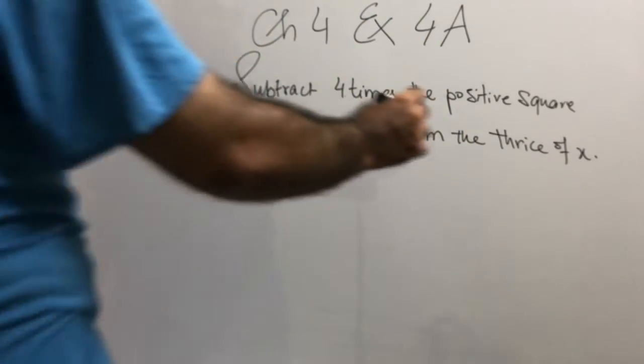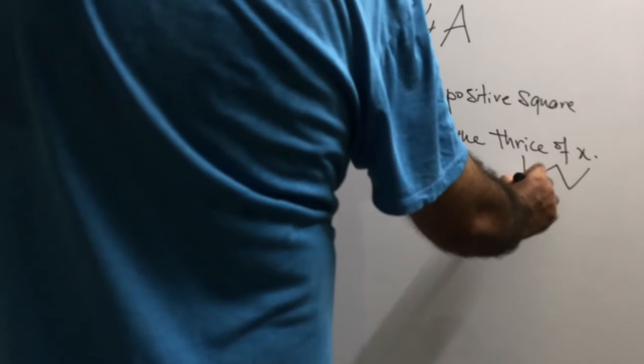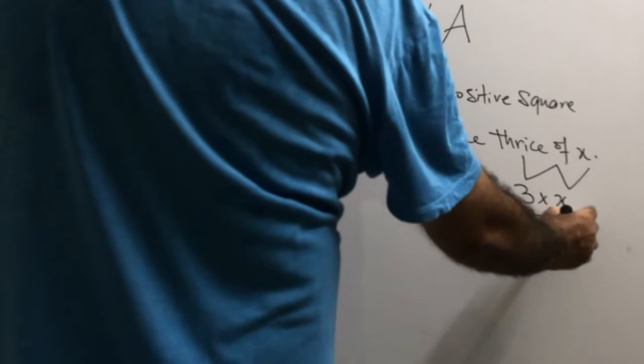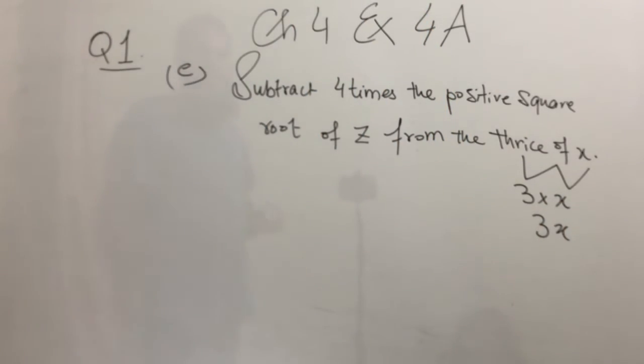What is the thrice of x? 3 times. Thrice of x means 3 multiplied by x. So we can write it like 3x. No need to put the multiplication sign. So thrice of x is 3x.